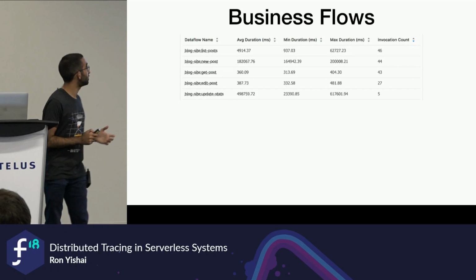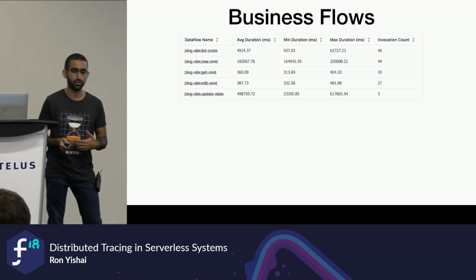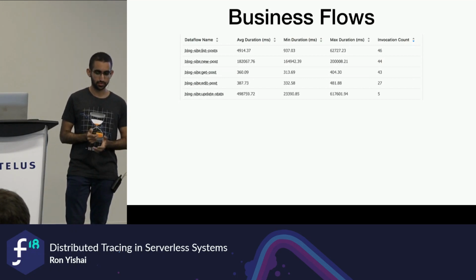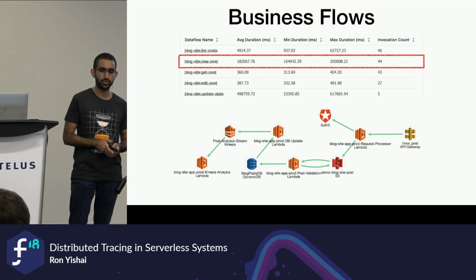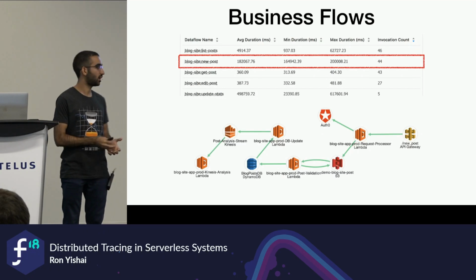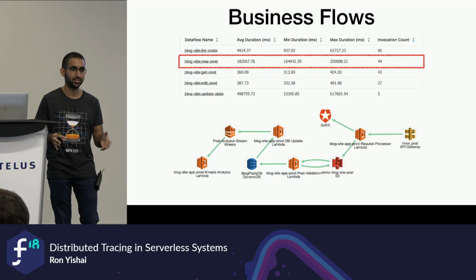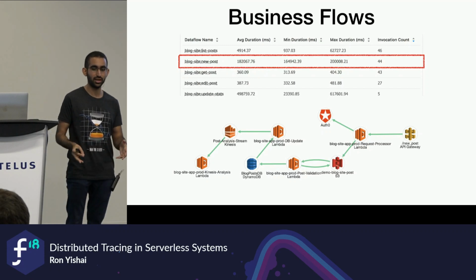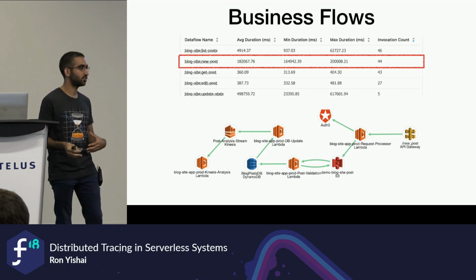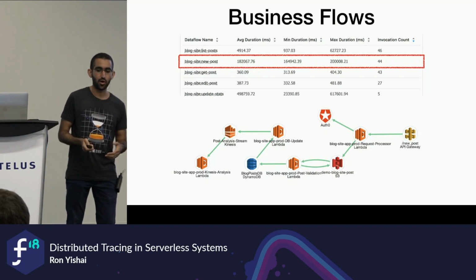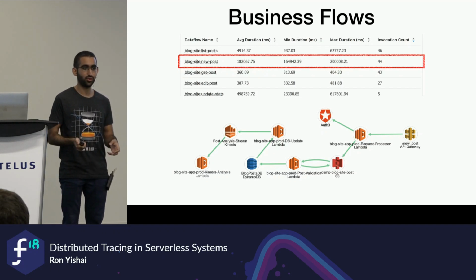In this case, you can see that I have a list of different flows. If I go into one of them, I can see the transactions in this flow and how they look. I have some general statistics, like how much time these flows take on average.